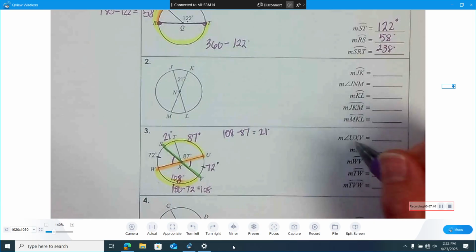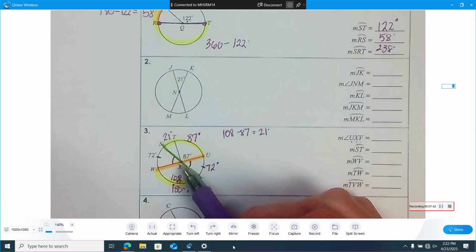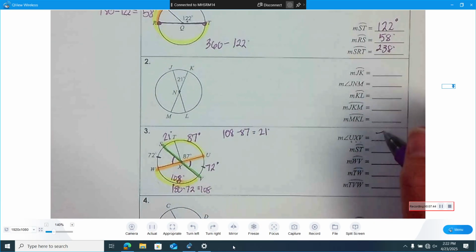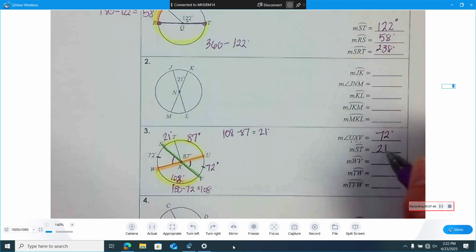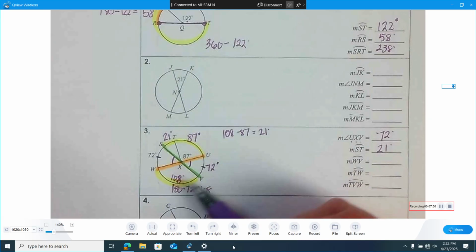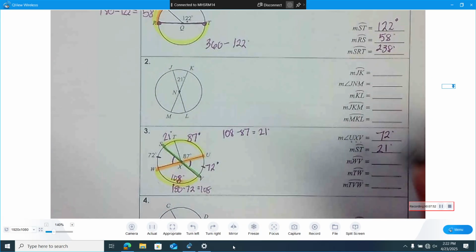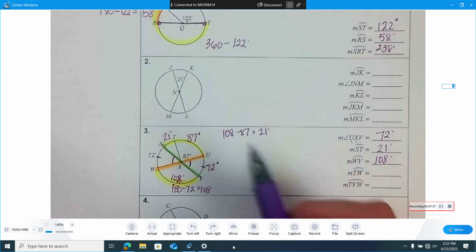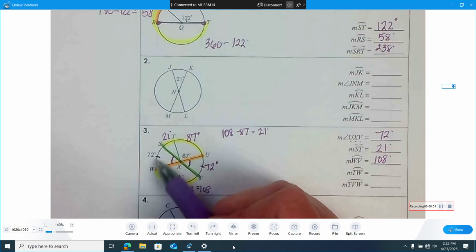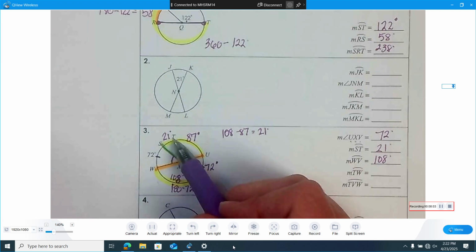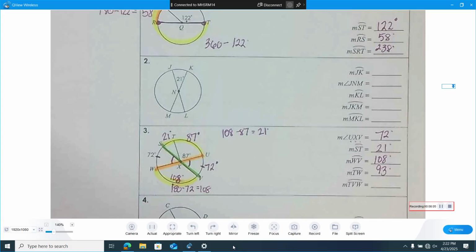Okay, let's see. So angle UXV is 72, just like its arc. ST we said was 21. WV is 108. Arc TW is 93: 72 plus 21 is 93.